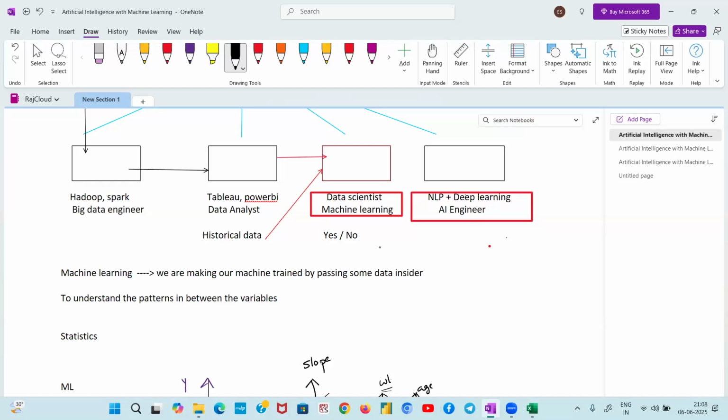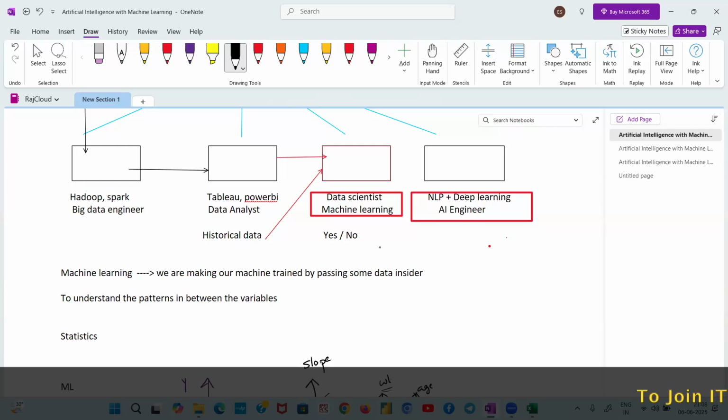You may have had an idea, okay, 70% RCB is going to win, 30% may not. So you were also trying to predict 10 days back. If you really predicted well, yes, that is what happened a couple of days back. How you people take such decisions, that decision making skill we are trying to give to our machine.